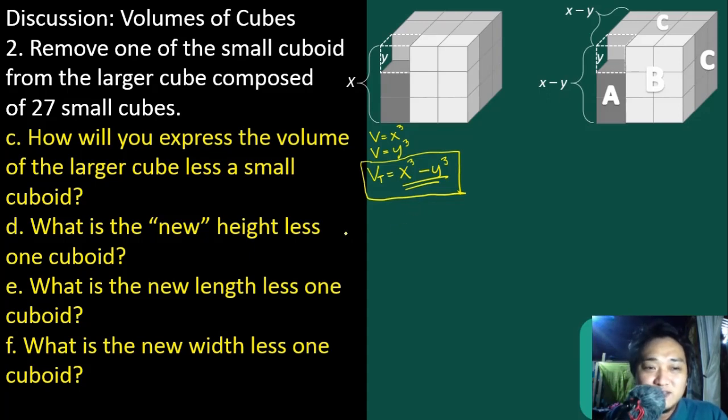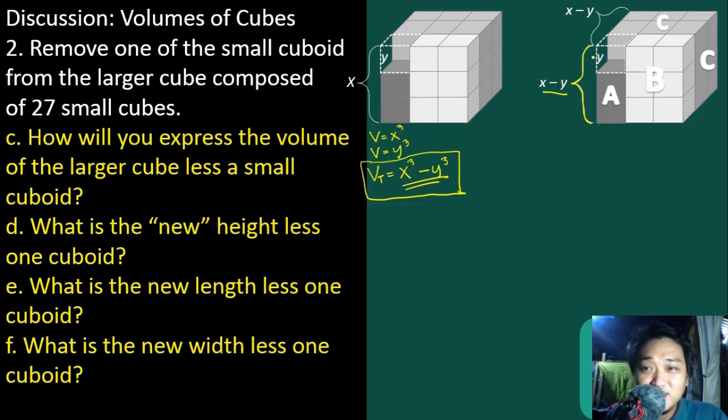Now, let us try to answer letters D, E, and F. For letter D, what is the new height less 1 cuboid? In the next illustration here, we will be investigating how we are going to express a new height less 1 cuboid. If this is the height, less 1 cuboid will be x minus y.